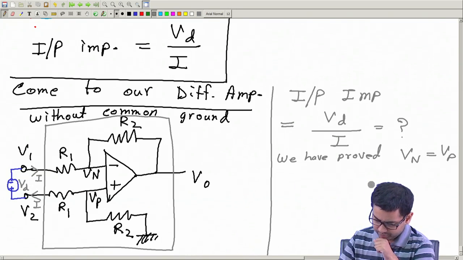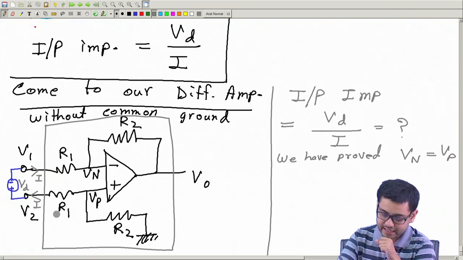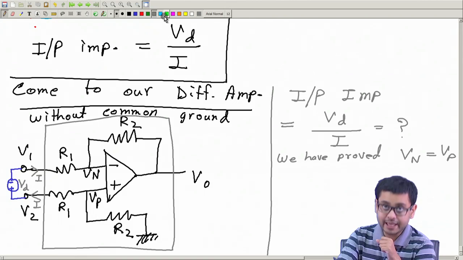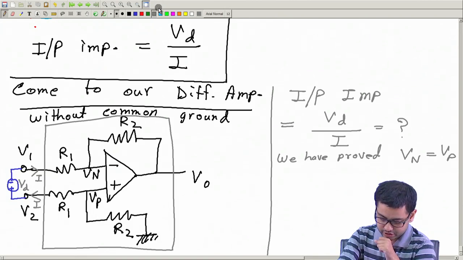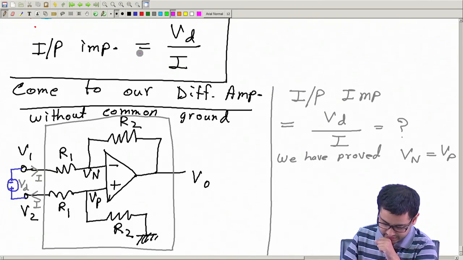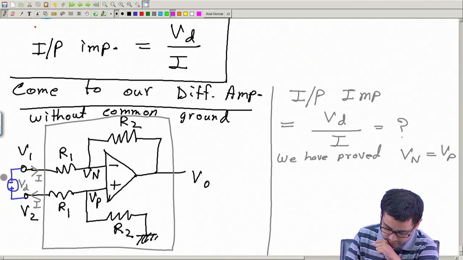So these two will be at the same potential. Now let us apply KVL, Kirchhoff's voltage rule, along this purple circle.